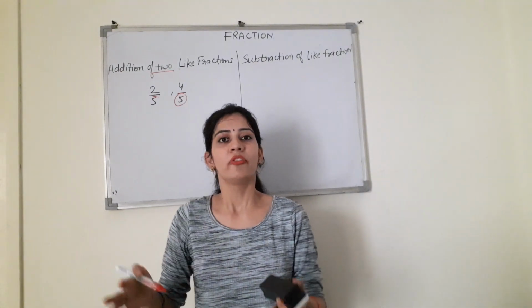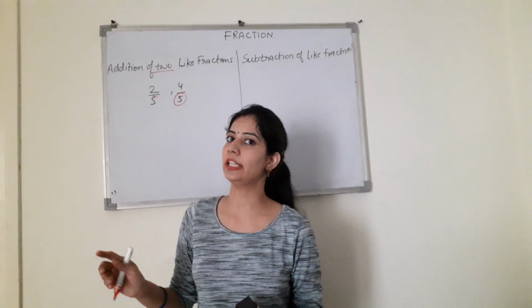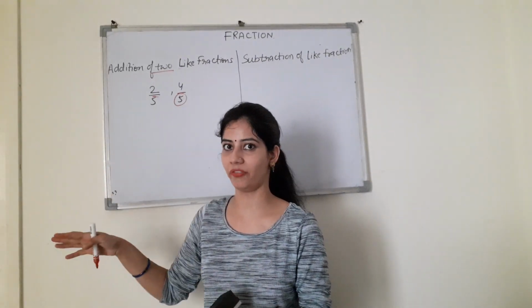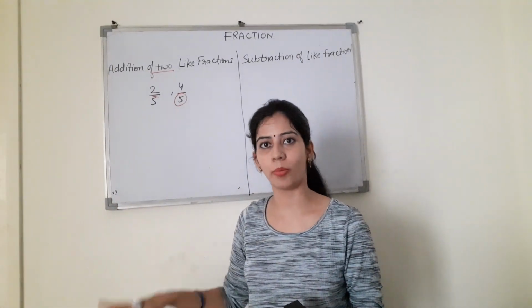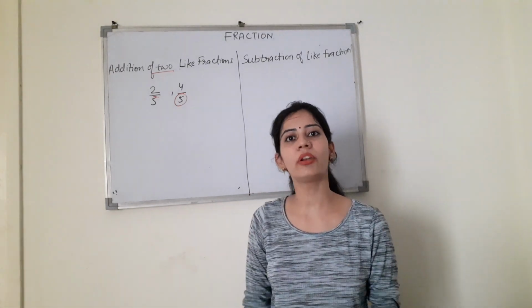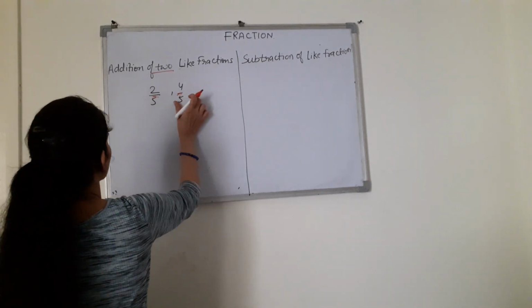We will simply add the numerators in the case of addition or subtraction of like fractions, and the denominator does not change. It means we will not add or subtract them, it will remain the same, right? So let us do this question.